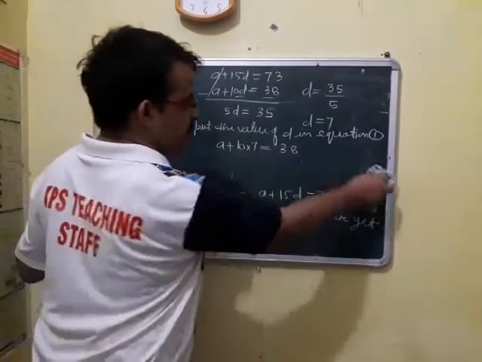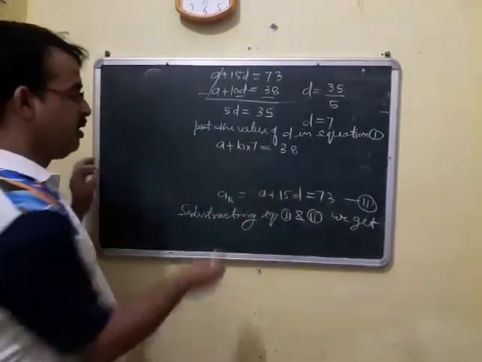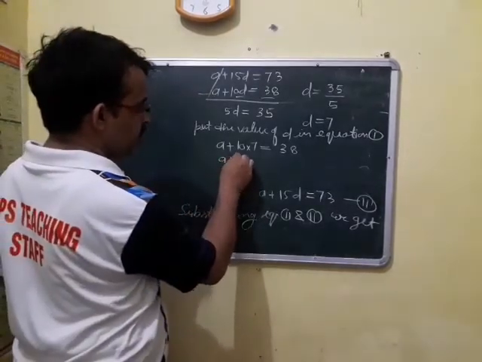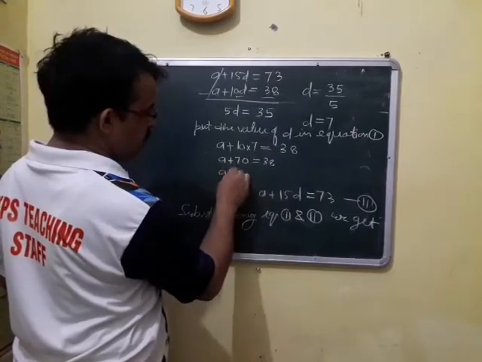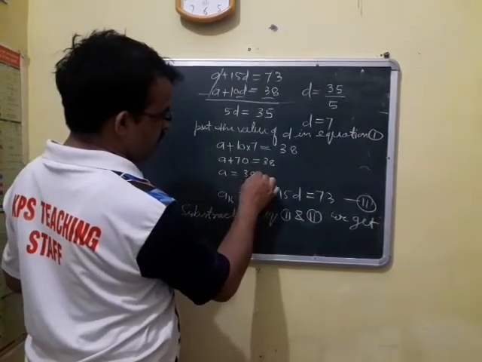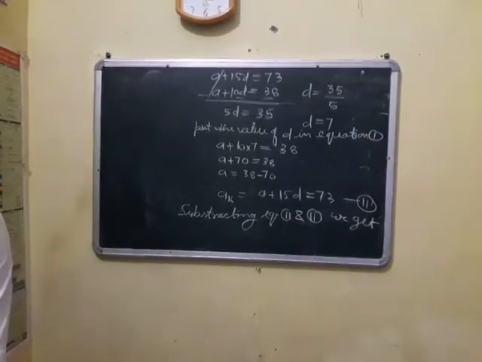Now what do we get here? a plus 70 is equal to 38. So a is equal to 38 minus 70. What do we find?